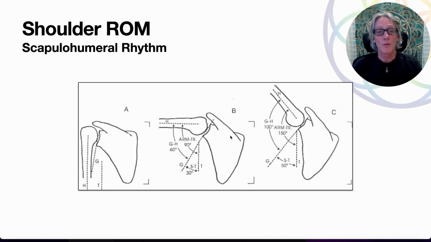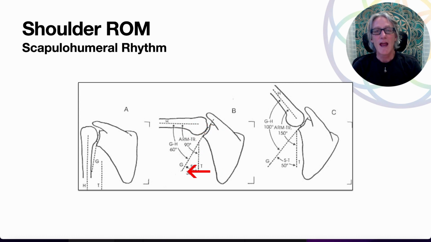So what we have in this diagram is, here's where the arm is neutral, and then as it moves away from the scapula, as it abducts out away from the body, the first 30 degrees or so is all at the glenohumeral joint right here. It's all arm movement.